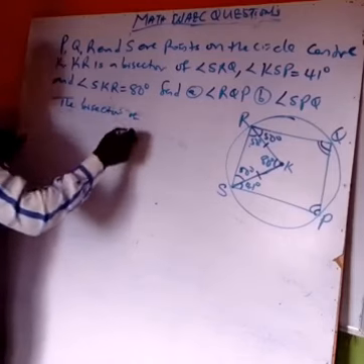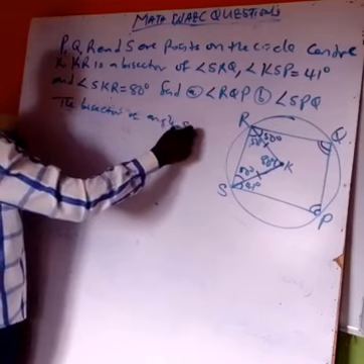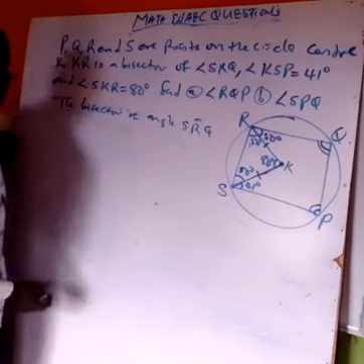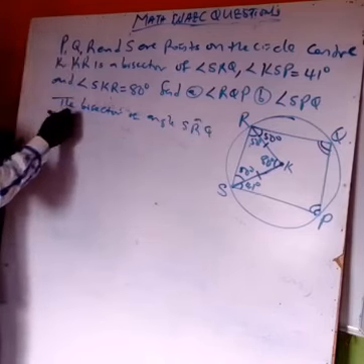Because the bisector of angle SRQ divides it into two equal parts.